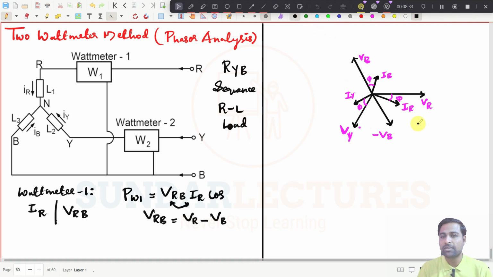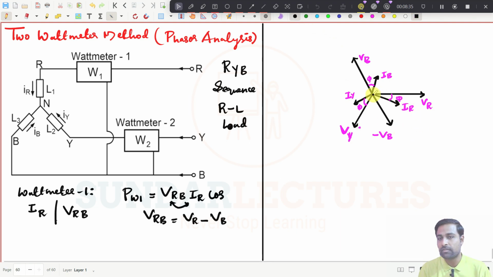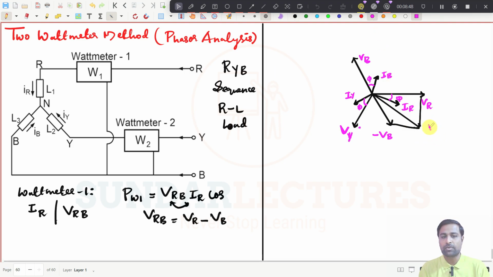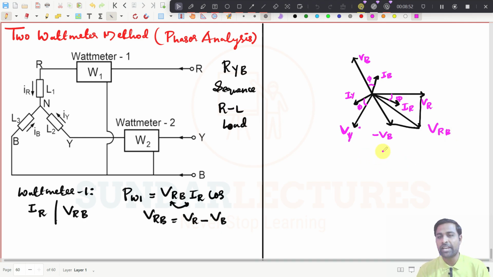And if you add these two, maybe if I put it like this, what is this one? Simply, this is nothing but VRB, and you need to find the angle between VRB and IR.